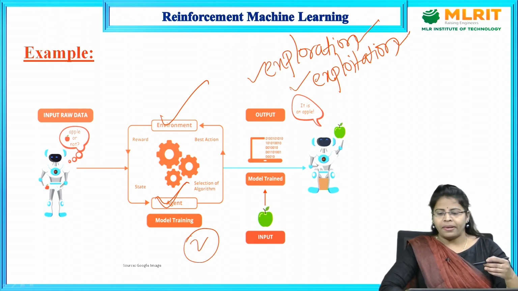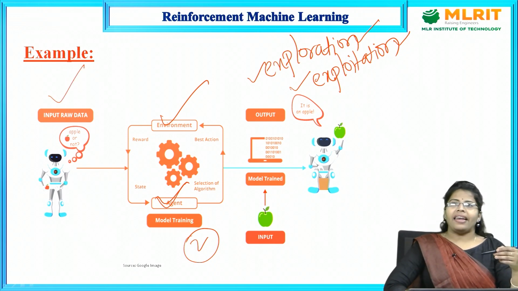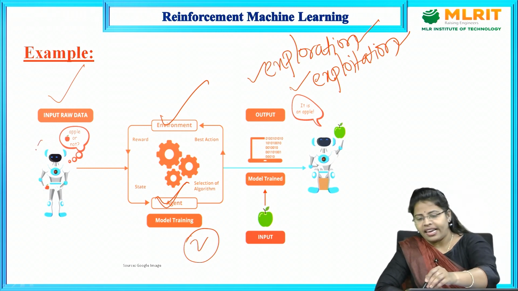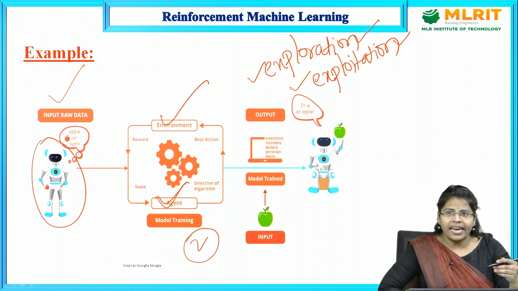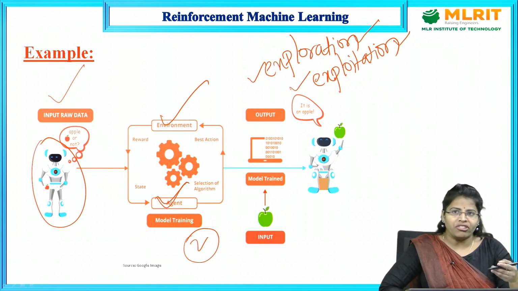For example, as you can see in the image, we want an agent to identify whether it is an apple or not. So it is in confusion. We are going to give training to the agent with the help of reinforcement machine learning algorithms, to detect whether it is an apple or not.